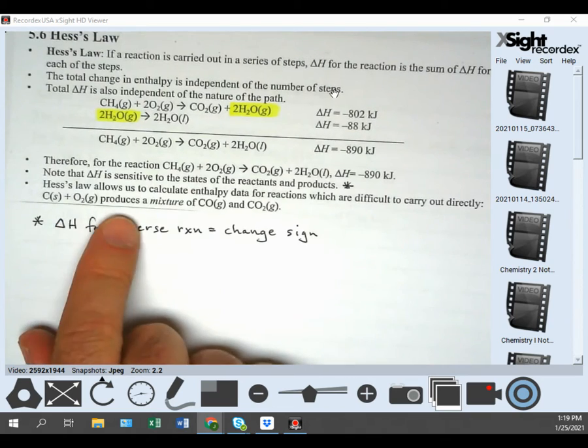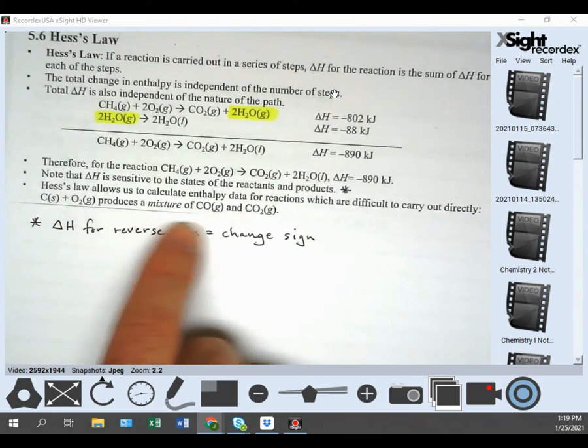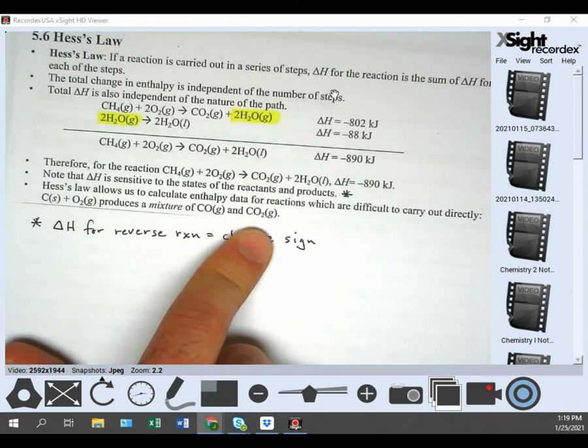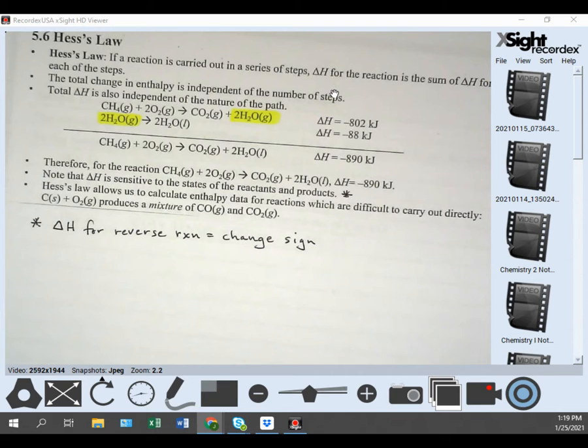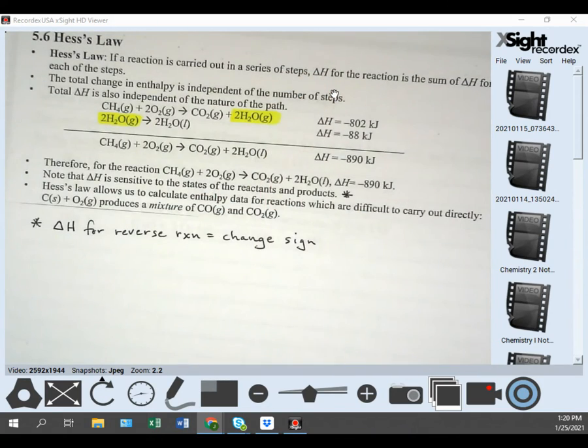In other words, part of this makes carbon monoxide and part of it makes carbon dioxide. But if you were to combine those two reactions together, then you can get your overall enthalpy change for the whole thing, even though some of them are going to do this and some of them are going to do that. That's all that's really saying. Okay. All right.